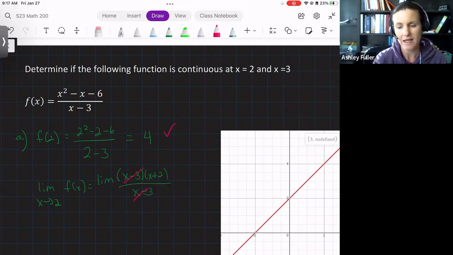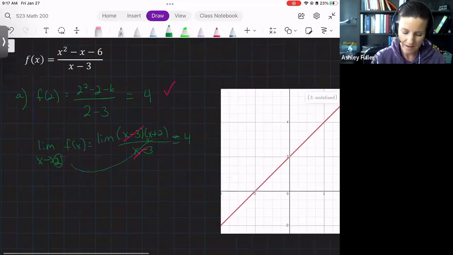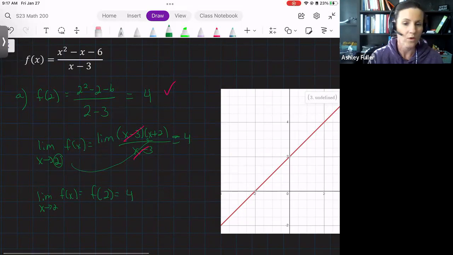Notice these are both going to cancel, which then leaves me with a polynomial. So I can plug in 2 to the function, and I get that the limit is 4. My final step is to show that the limit equals the value of the function. And since they are both 4, this is a true statement, and the function is continuous at 2.